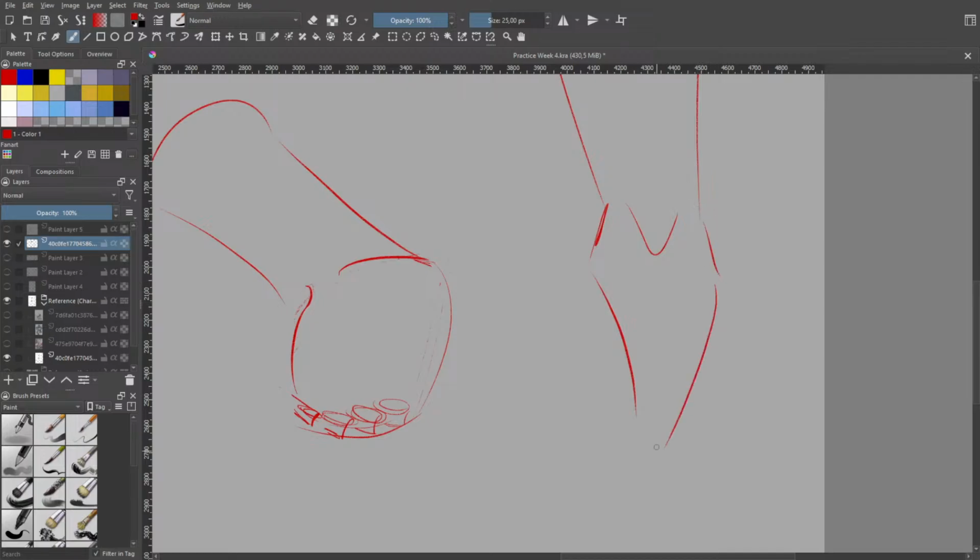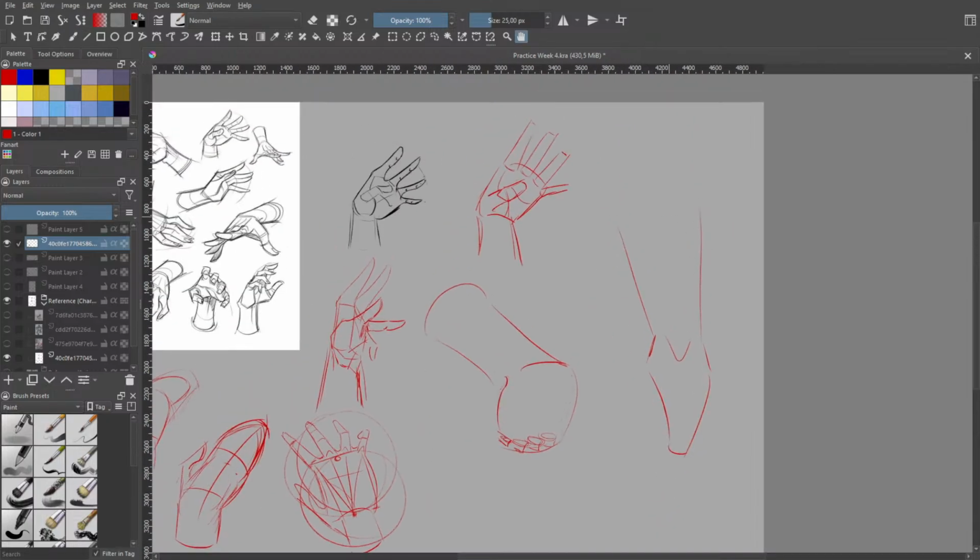This way of basically drawing the arm. Although this is a lot worse than when I drew this by hand on just a piece of paper.